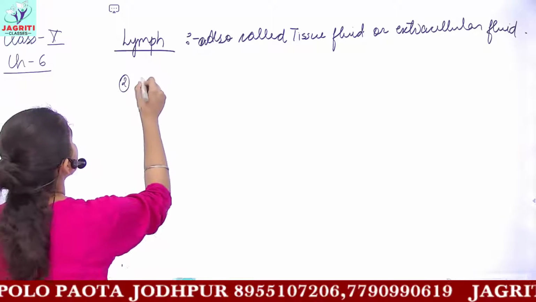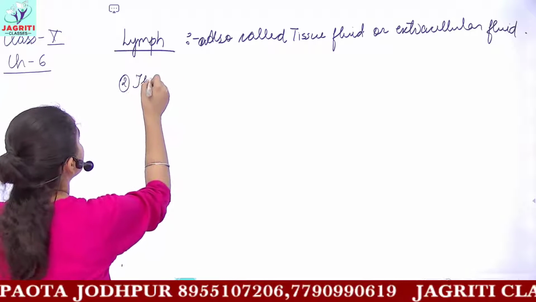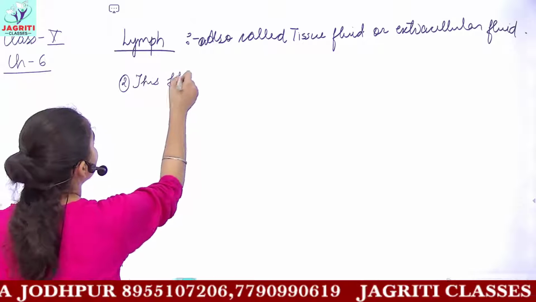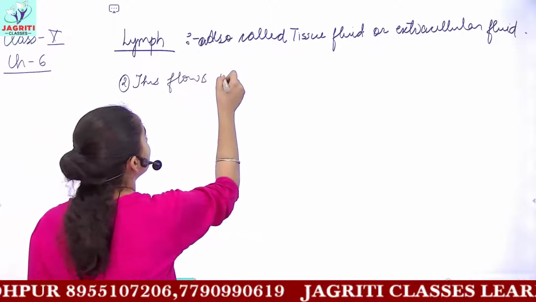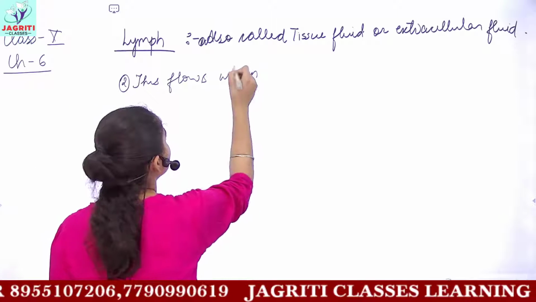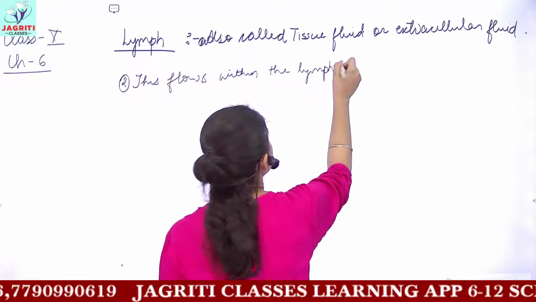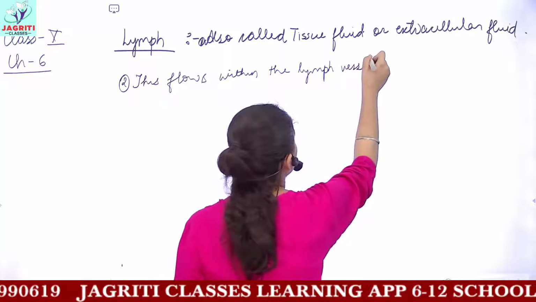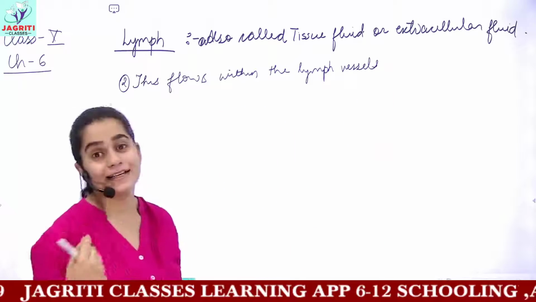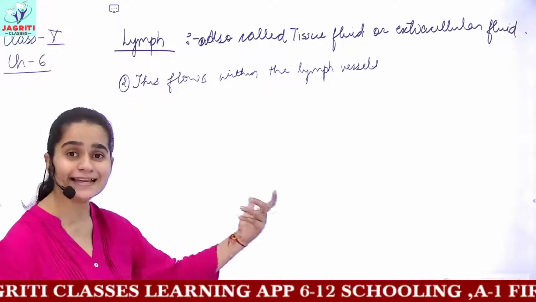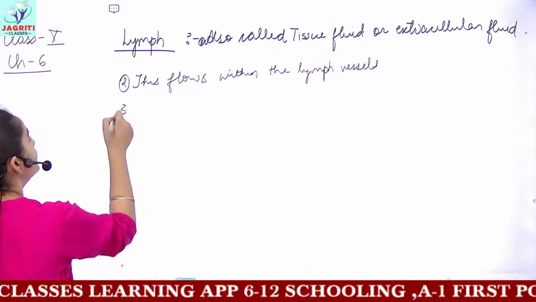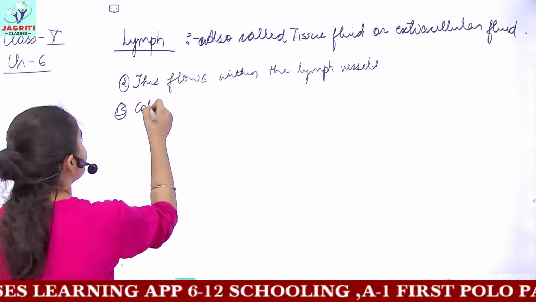The next point is, this flows inside or within the lymph vessels. The lymph flows inside lymph vessels, like the blood flows in blood vessels. This lymph is colorless in nature.